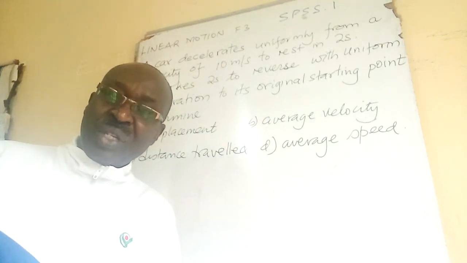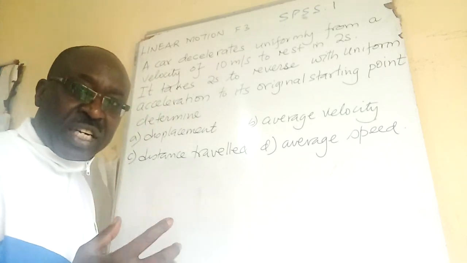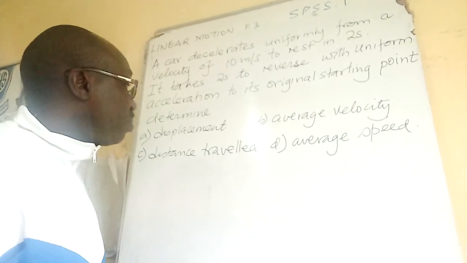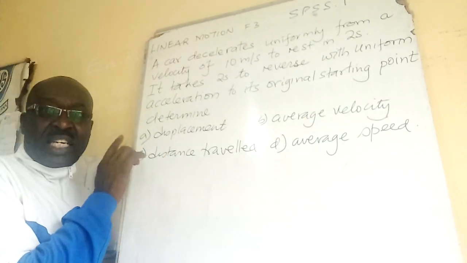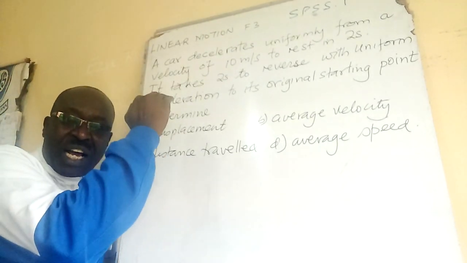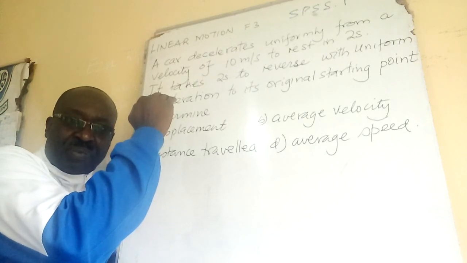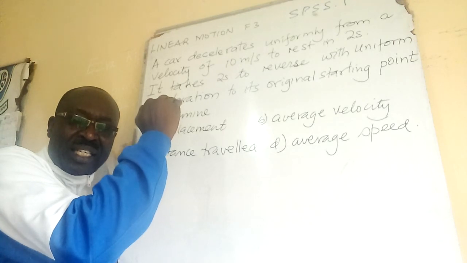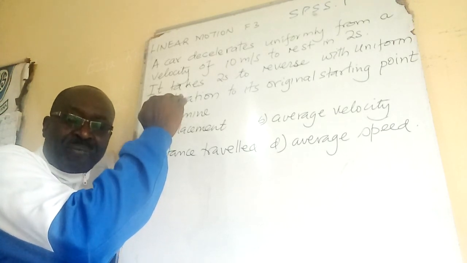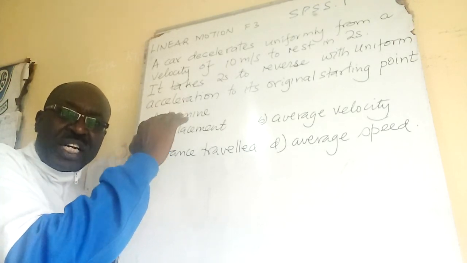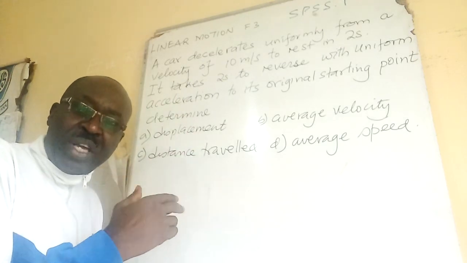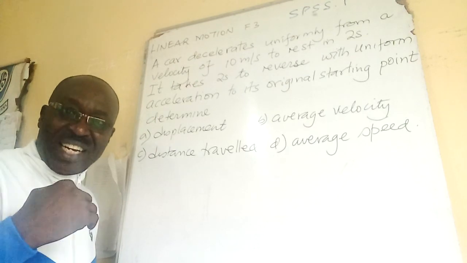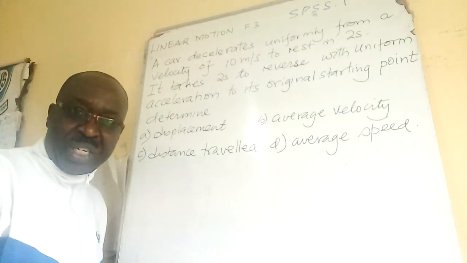Okay, so there are a few things that we have to understand. Maybe this car starts at some velocity, 10 meters per second. That is its initial velocity u. And then it is slowing down, so maybe it is reading 8 meters per second, then maybe 6 meters per second.